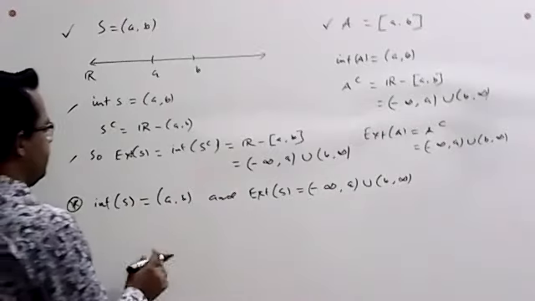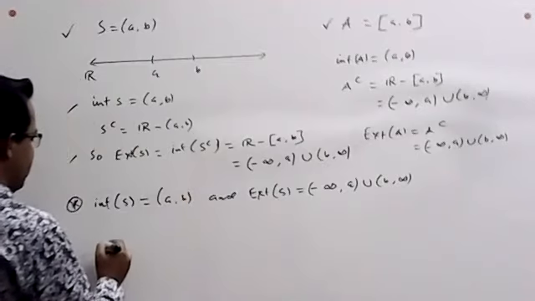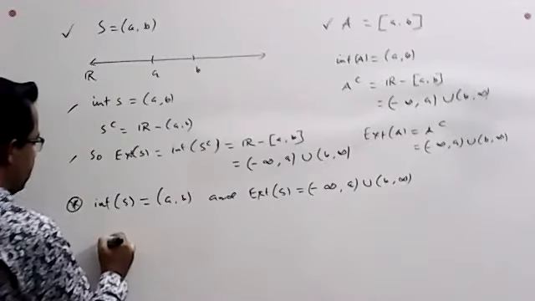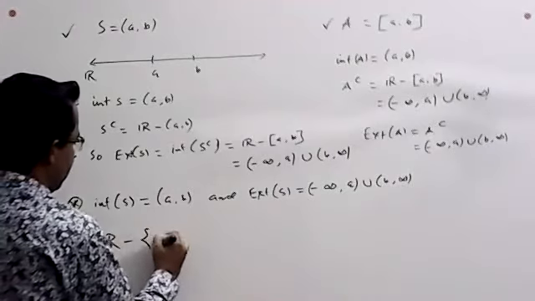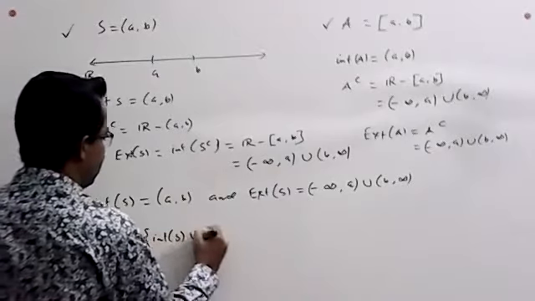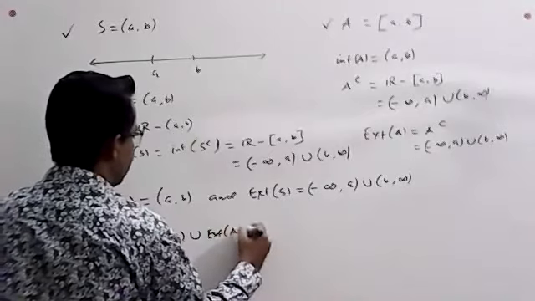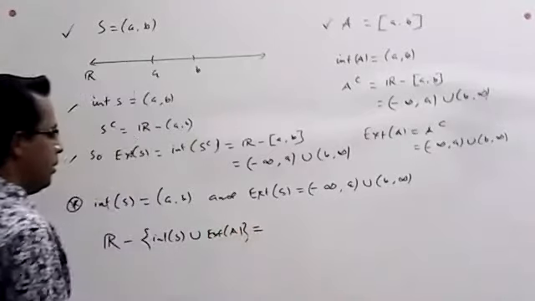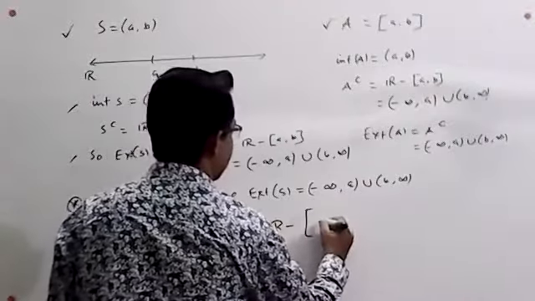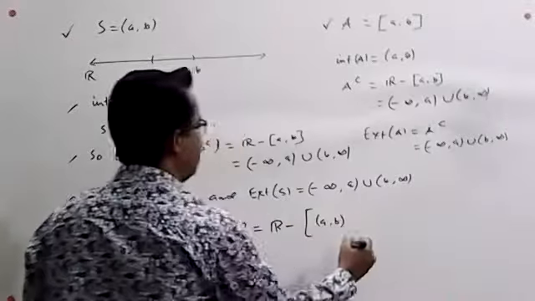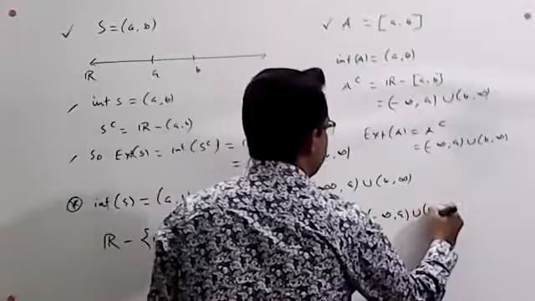Now, if we subtract interior and exterior from the set of real numbers, that is, R minus the interior of S union the exterior of S, then we have got R minus the open interval AB union the open interval minus infinity to A union the open interval B to infinity.